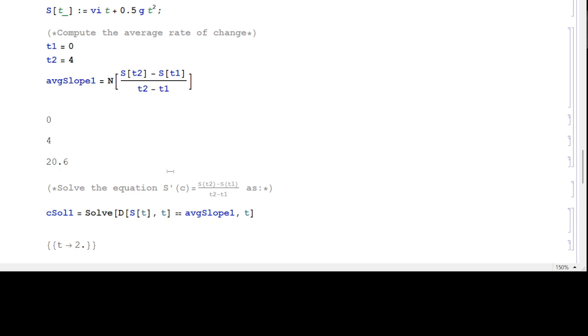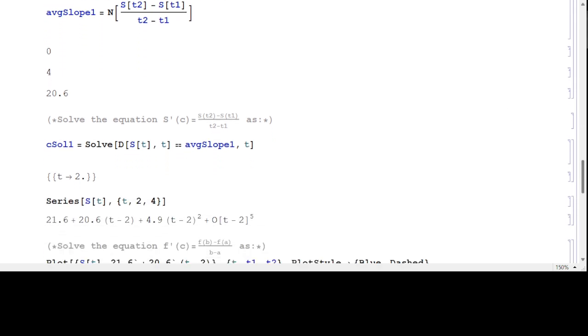Now, in order to solve the equation, we take the derivative of the distance equation with respect to t and make it equal to the average slope, and we solve it. And when we solve it, the time value is 2. So at point 2, we make a series expansion of the distance equation, and we get this equation of line if we consider only the first two terms.